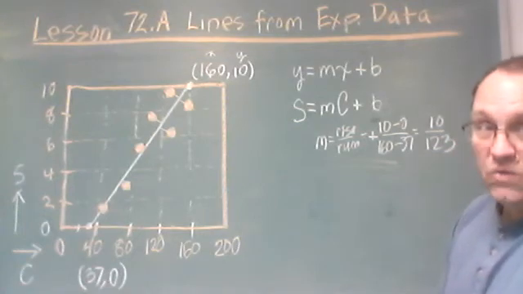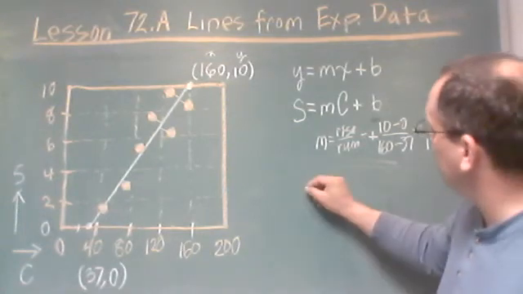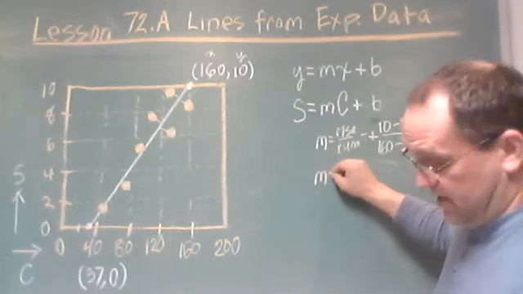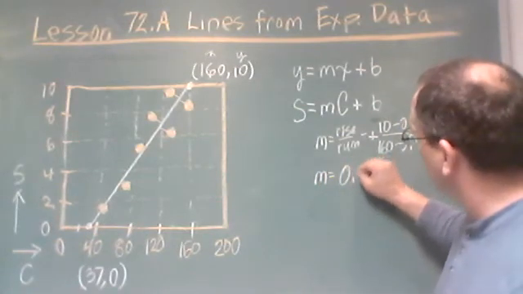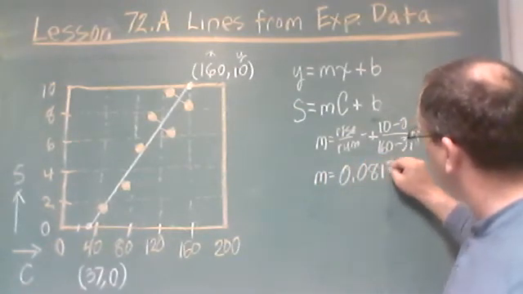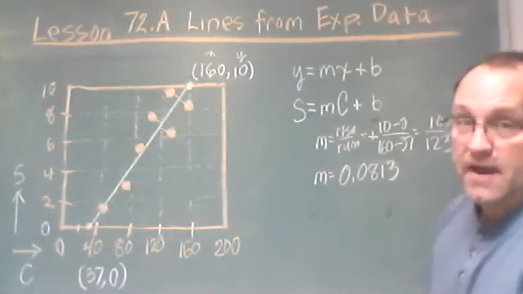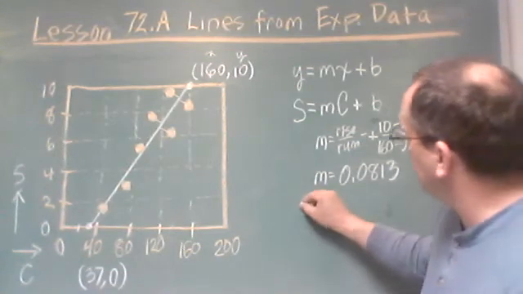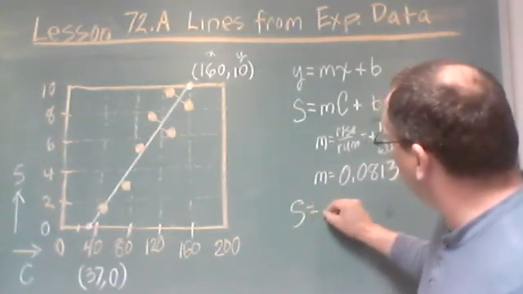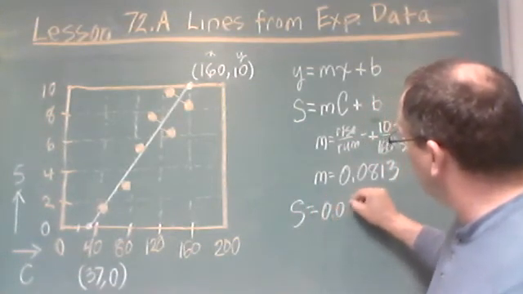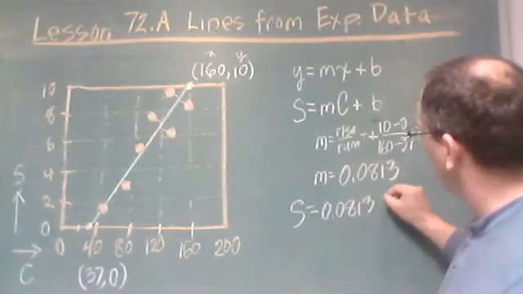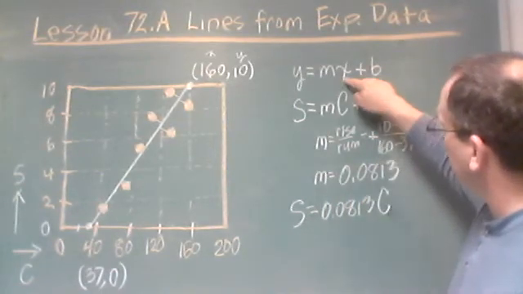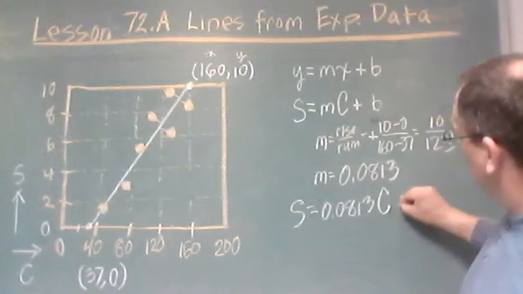When I compute that as a decimal, I get m equals 0.0813, and it had some numbers after that. So I plug that into my equation. S equals 0.0813 C, not using x, I'm using C, plus B.